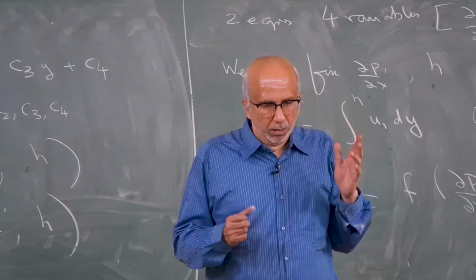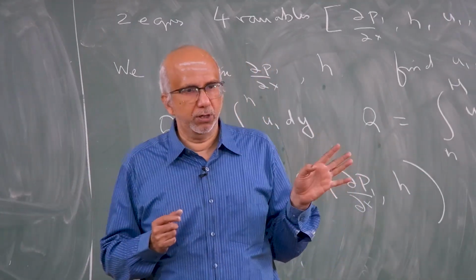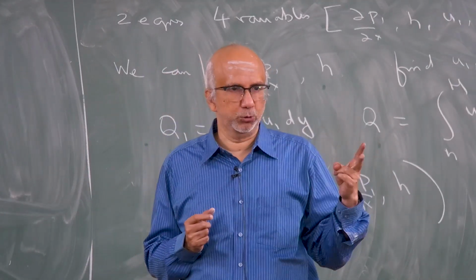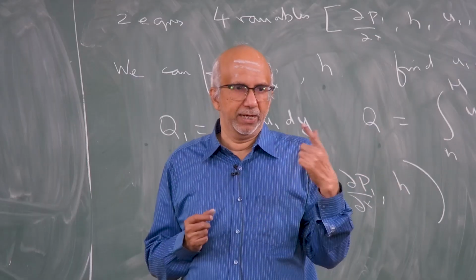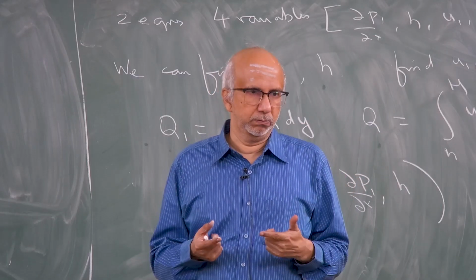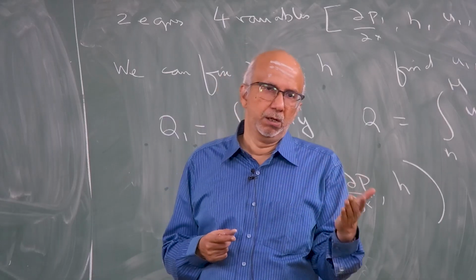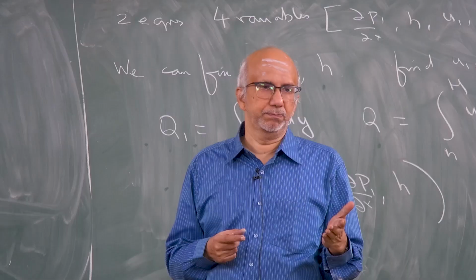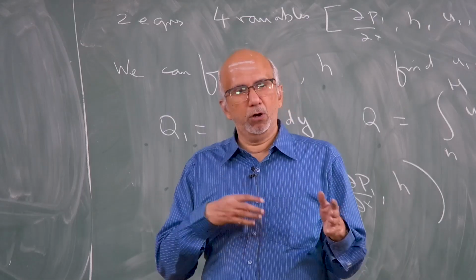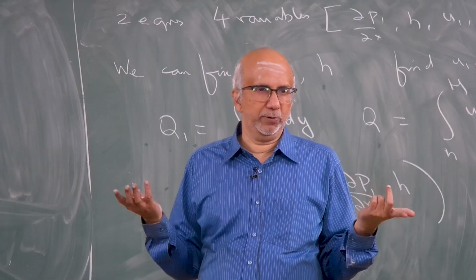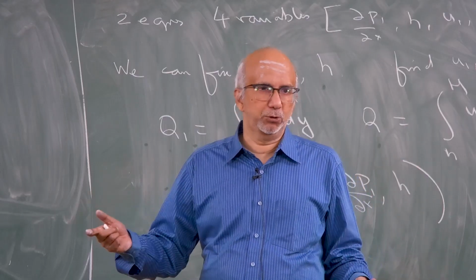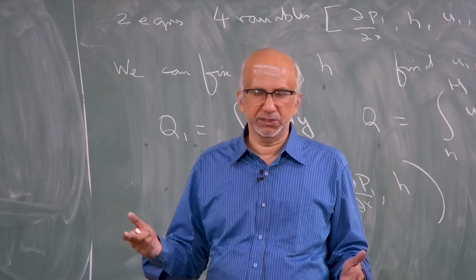So, we have 2 equations, 4 unknowns, you fix 2, find the other 2. Experimentally, I will fix the flow rate and find what is the pressure gradient and what is the interface position, okay. Or you can do the opposite, anyway I have 2 equations, 2 unknowns, put 2 values, find the other 2. Is this clear?